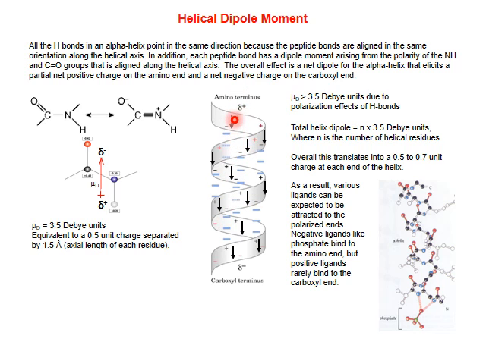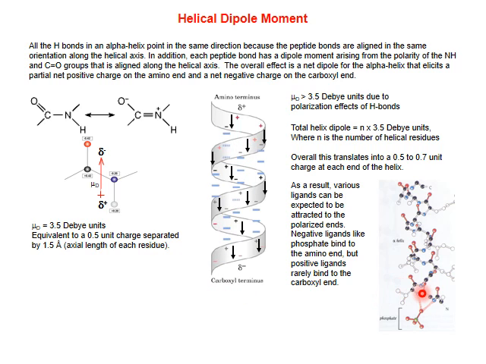You can see these little dipoles from the peptide bonds point in the same direction. And the result is an overall dipole moment on the helix that goes along the helix from the amino terminus to the carboxy terminus.